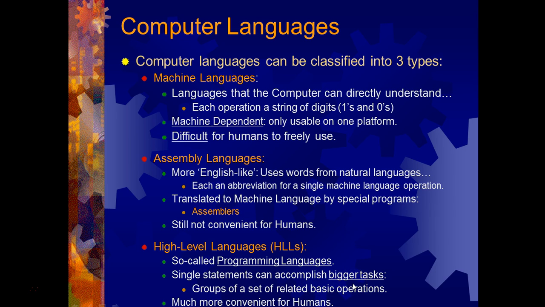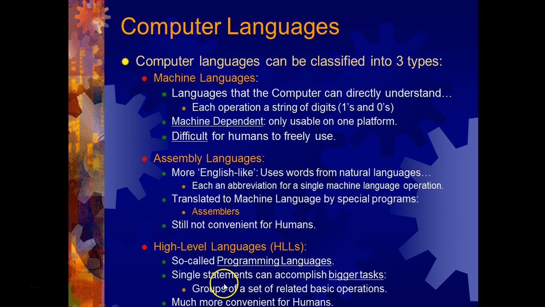So you don't have to explain to the computer what each circuit, all of the billions of circuits, should do. You can write something like print this statement, and it will accomplish the printing. Whereas if you had to do that in machine language, you'd have to write some crazy string of zeros and ones, maybe 10,000 zeros and ones or something like that, to get it to print something.